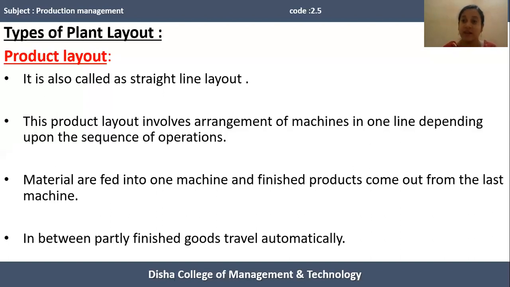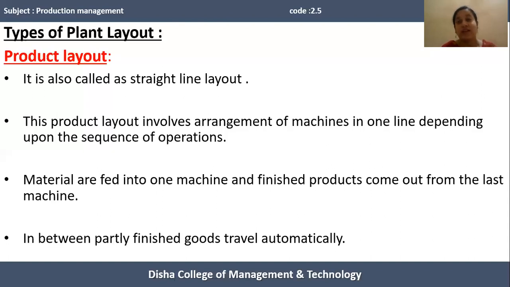Next to that, the machine which performs the second processing is installed in second place, and according to the requirement of production, the machines are arranged in a sequential manner so that the semi-finished goods move automatically in between, and at the last end the manufacturer is able to get the finished goods.